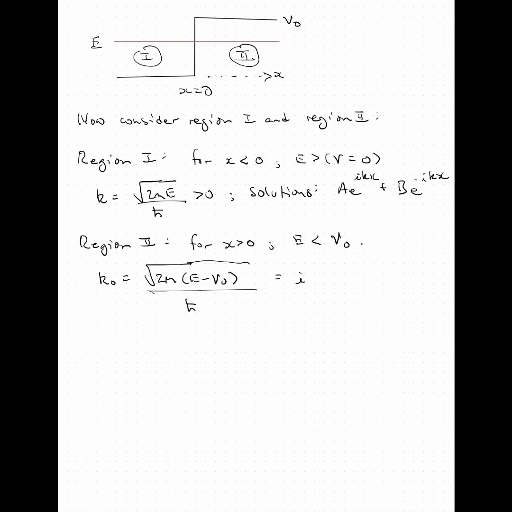You can write this as i times root 2m (V naught minus E), where V naught minus E is a positive number, all over h bar, and define kappa to be this square root term.